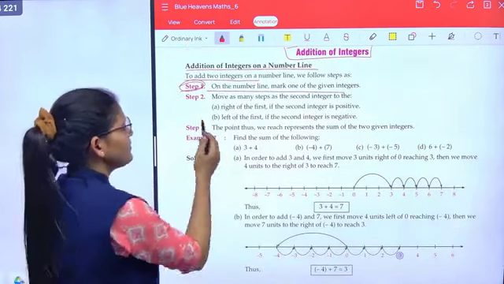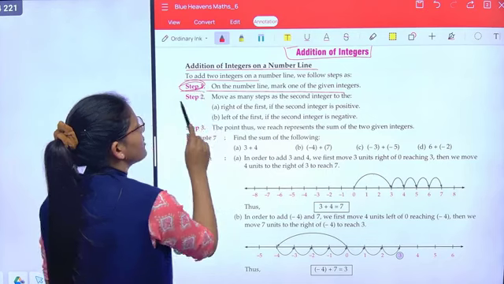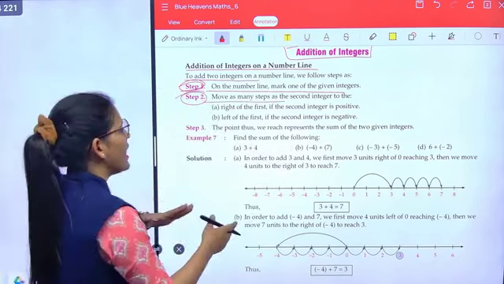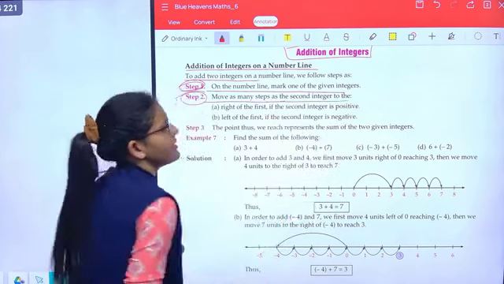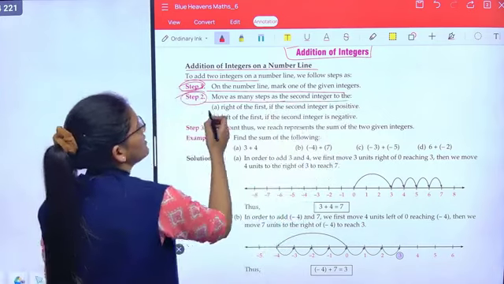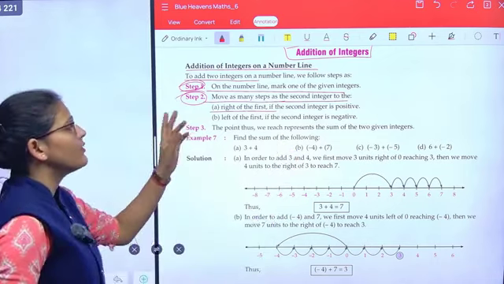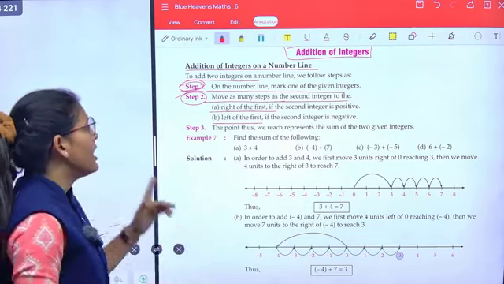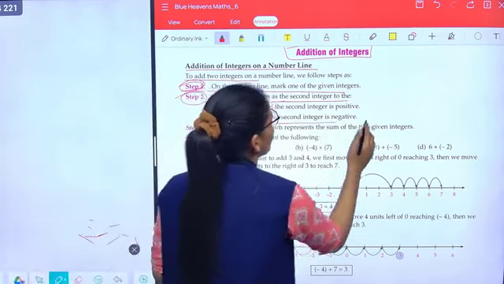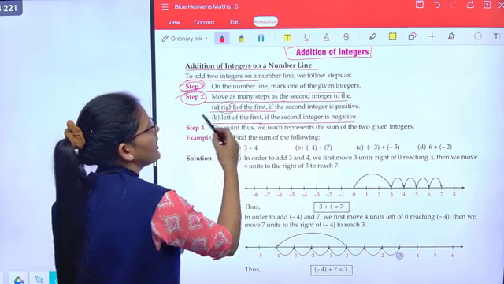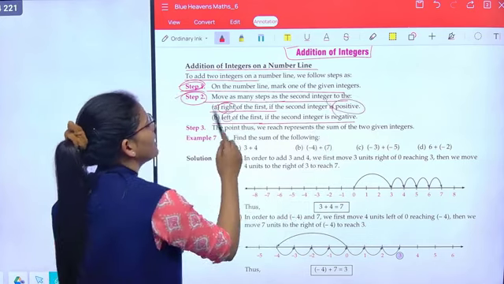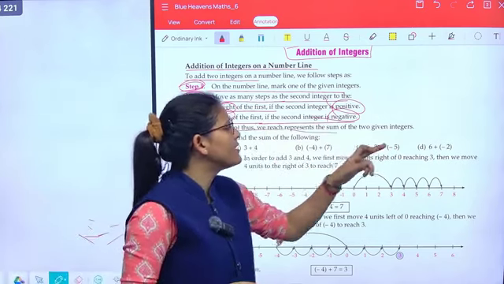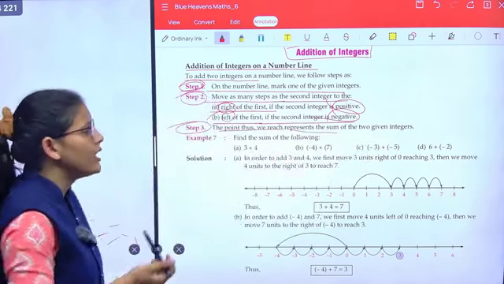Now step 2, move as many steps as the second integer to the right of the first if the second integer is positive, and left of the first if the second integer is negative. राइट कब करेंगे? या तो वो पॉजिटिव होगा, लेफ्ट करेंगे तब वो नेगेटिव. Step 3, the point thus we reach represents the sum of the two given integers.